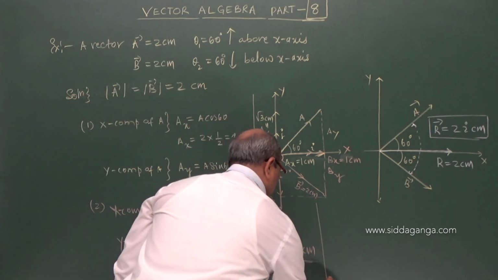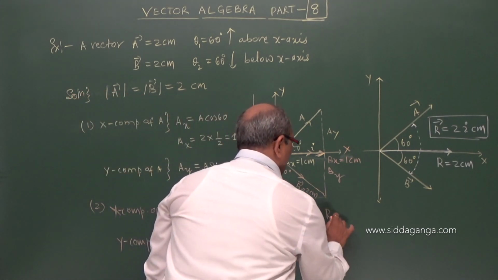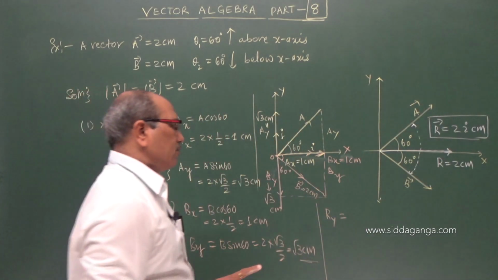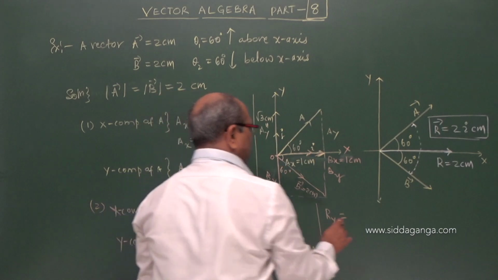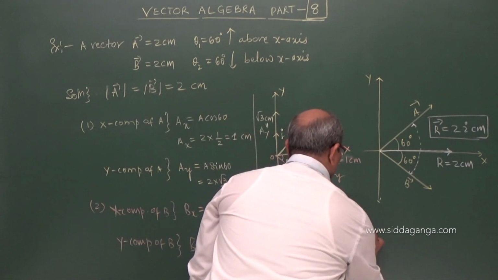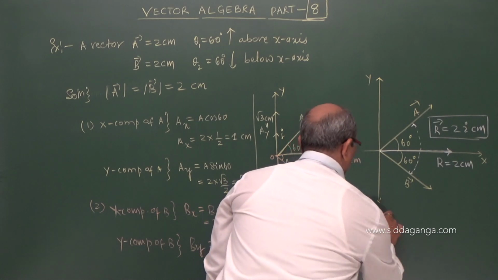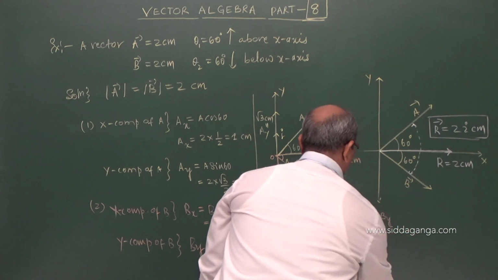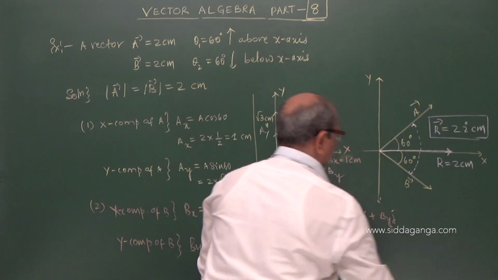So now what happens to the Ry, the resultant? If I want the Ry component, only j should add. That is equal to Ay j plus By j.